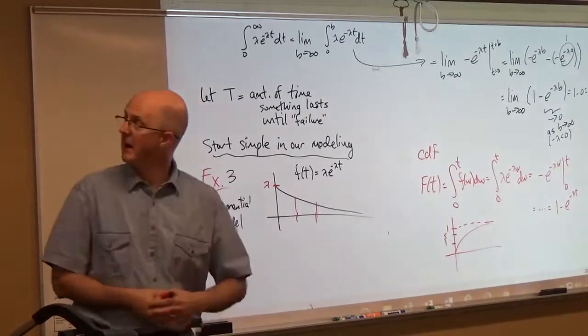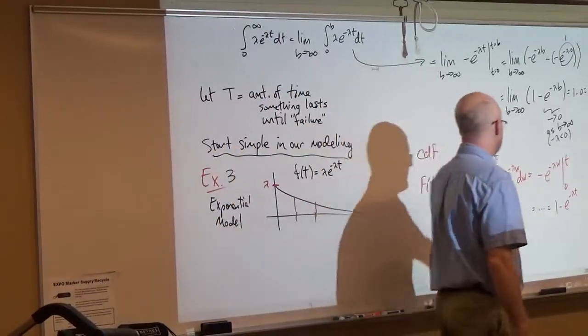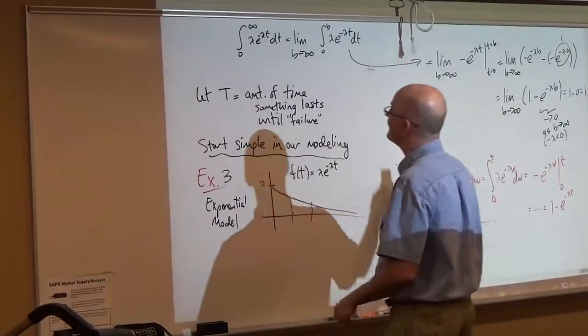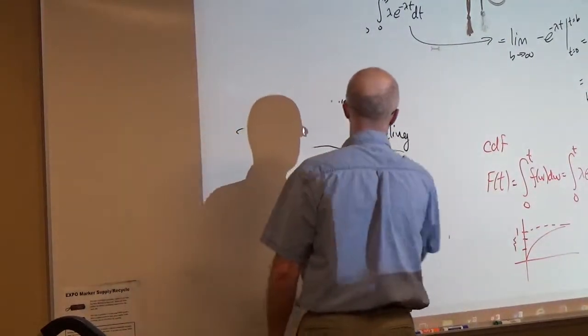Let's also briefly talk about complications that can arise when your model is not so simple. I'll call it example 4.